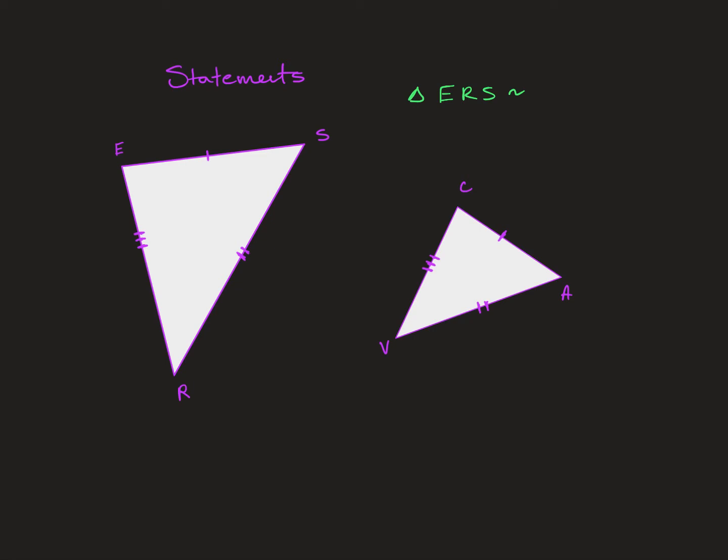And let's just track from E to R, is a triple slash. E to R is a triple slash. So my first two letters in my similarity statement, I also want to be the triple letters here. So we'll say, in this case, C to V.